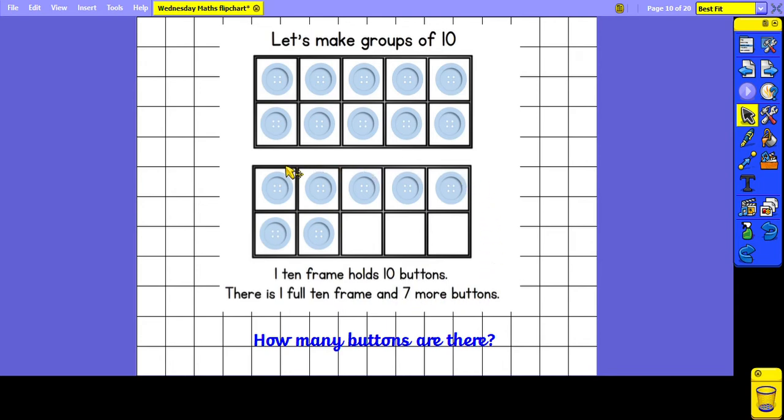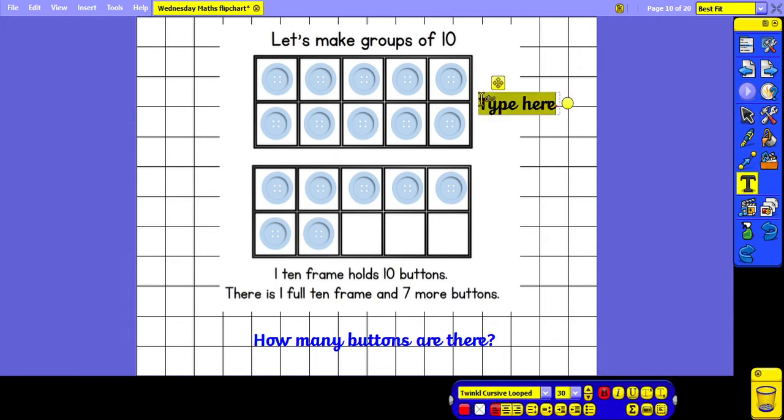So here are the 7 more in the second 10 frame. How many buttons are there altogether? So if we know that we have got 10 in this 10 frame and 7 in this one, 10 add 7 is 17. So in total there are 17 buttons.